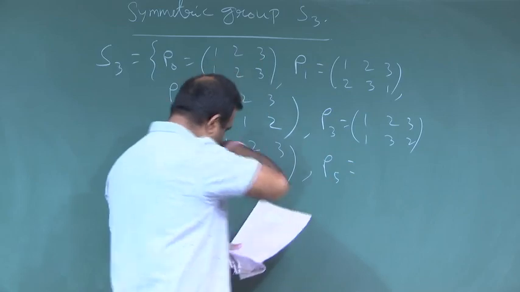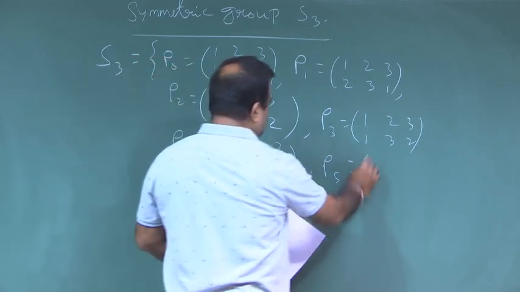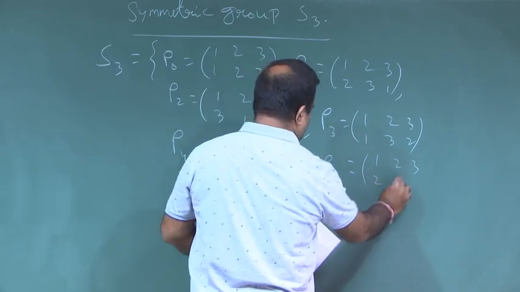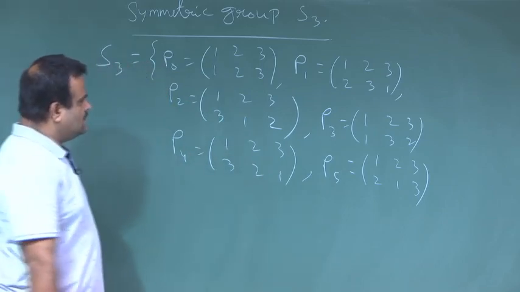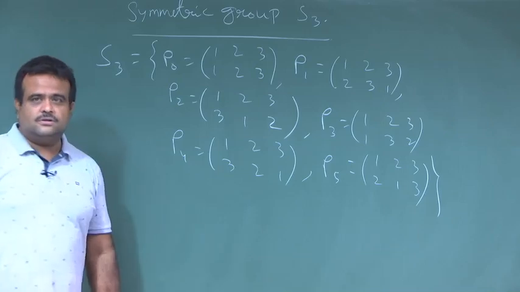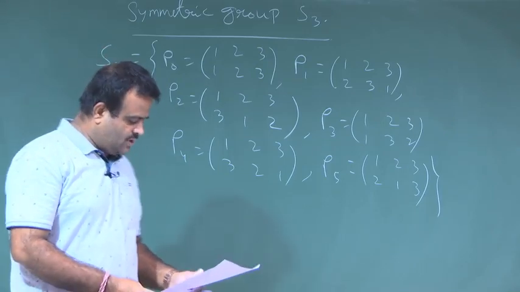So, it is starting from 0. So, there are 6 permutations. This set is denoted by S3. So, this is the set of all possible permutations on the 3 elements 1, 2, 3.